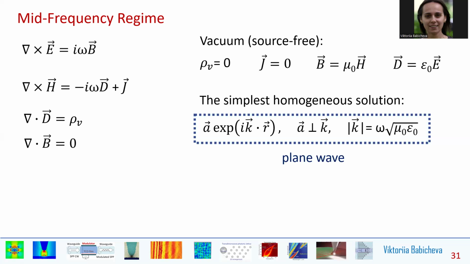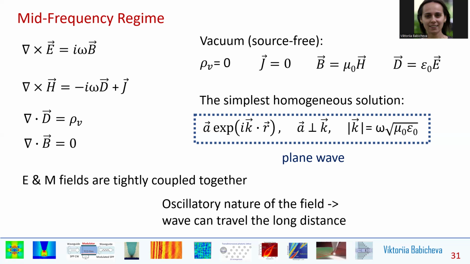Also, in the electrodynamic problem, the last two of the above equations can be derived from the first two with appropriate initial conditions. So the last two equations can be ignored for dynamic problems.